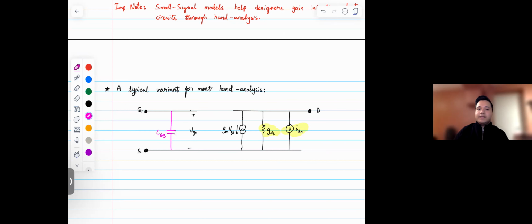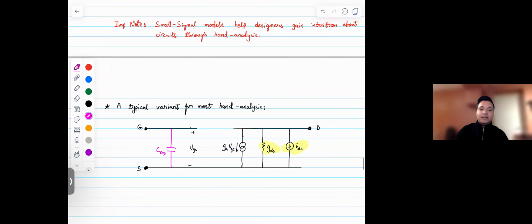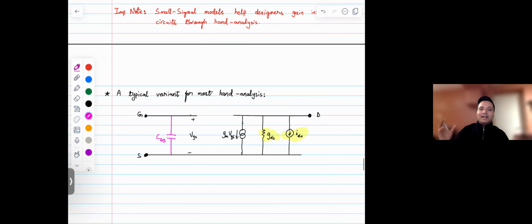And for university, it's much simpler because the problems in your exam paper or your assignments will be much more constrained. Usually the professor would tell you that you can ignore lambda, and then in that case you don't model the gds. They could tell you to ignore the parasitic capacitances or ignore the noise, or ignore the body effect, and you would have a very nice and simple small signal model.